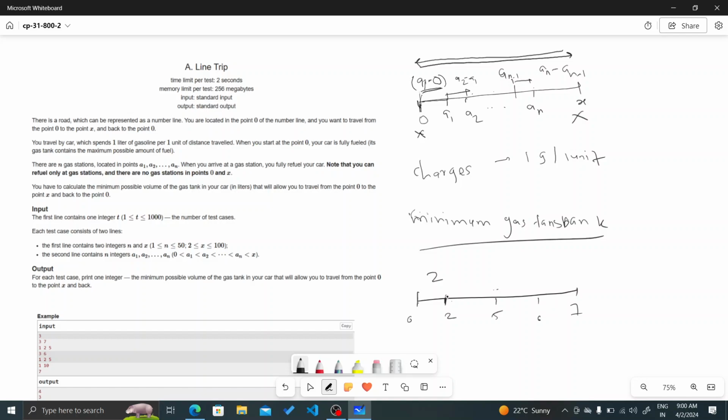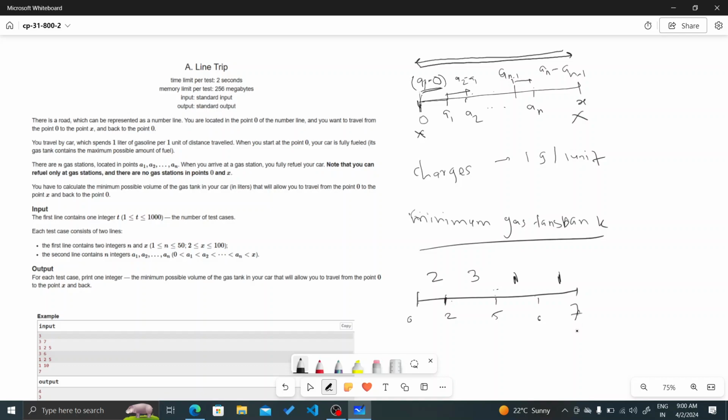So from 2 to 5, I should have at least a 3 sized fuel tank. For traveling 5 to 6, at least 1. For traveling from 6 to 7, 1 sized fuel tank. But one condition here.